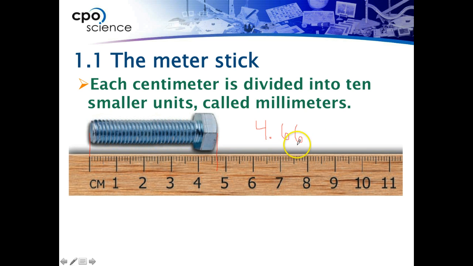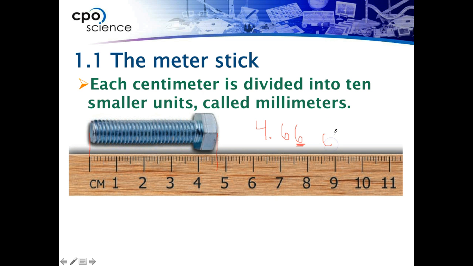So when we talk measurements, and you'll learn this a little later in this chapter, this digit right here, the last one I write down, is what we refer to as the uncertain digit. But however you look at it, we know for certain that this bolt is 4.6 centimeters long.